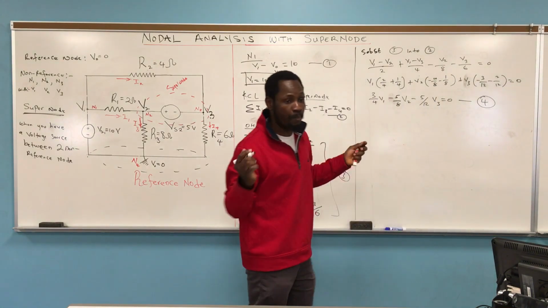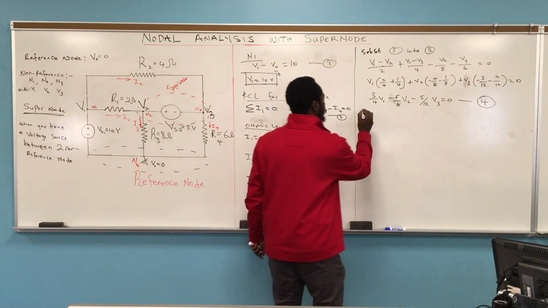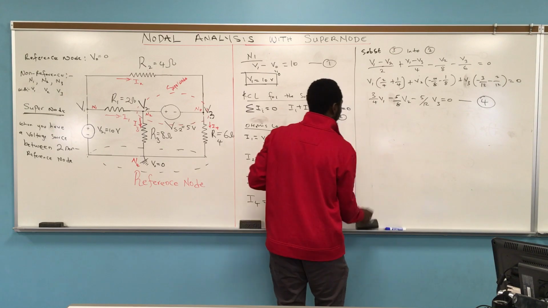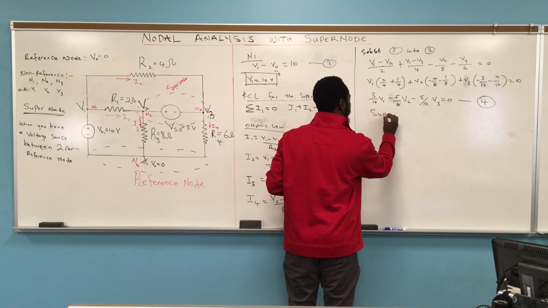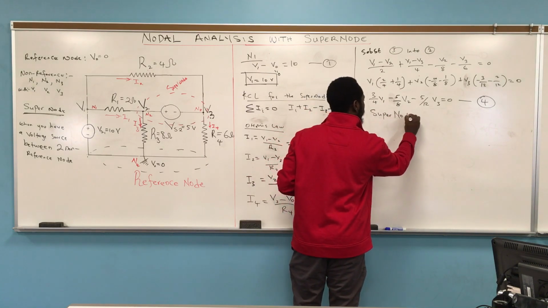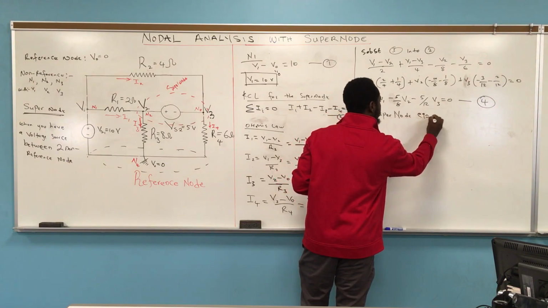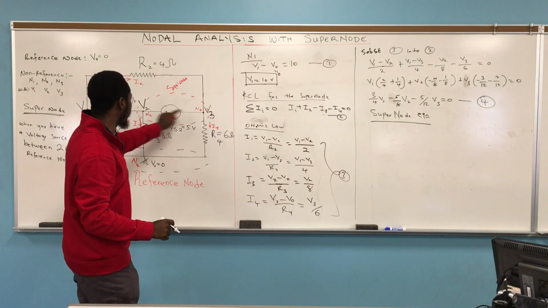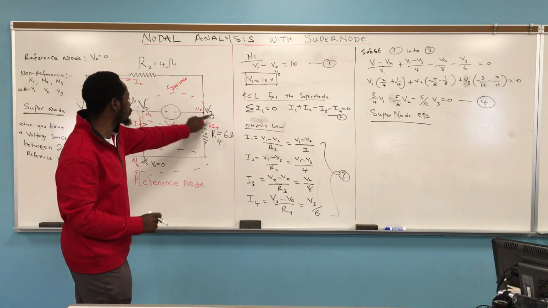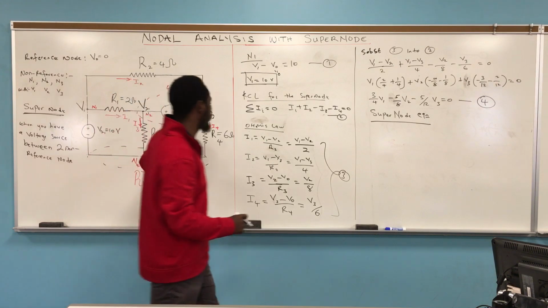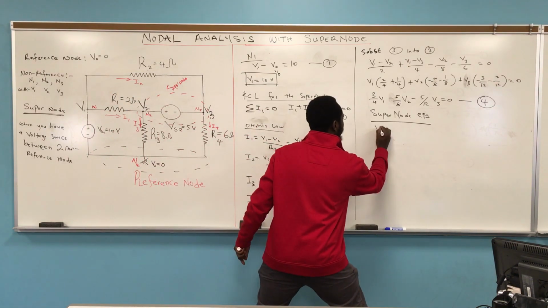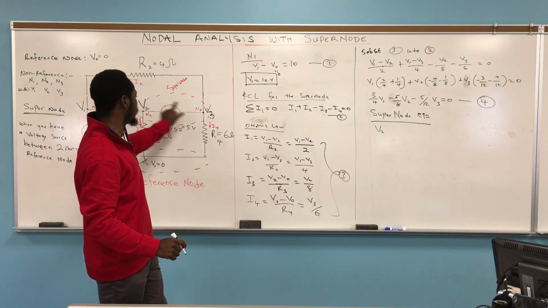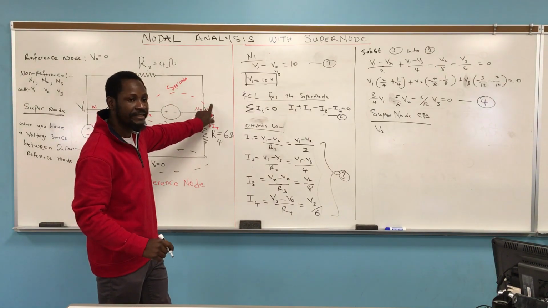Now the last piece of information is the SuperNode equation. This says that the voltage difference between these two nodes is equal to the voltage source. It means that V2, since it's positive, is at a higher potential than 3.